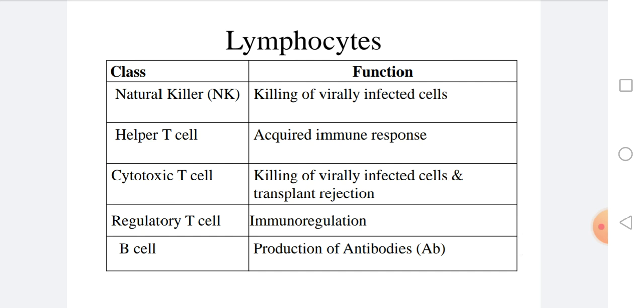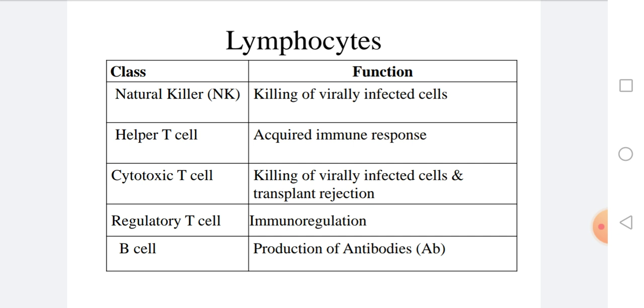The lymphocytes. These cells are the essential cells in the lymphoid immune system. We are going to mention the natural killer cell. This is a granular lymphocyte which is acting mainly in the innate immunity. Its function is killing of virally infected cells.